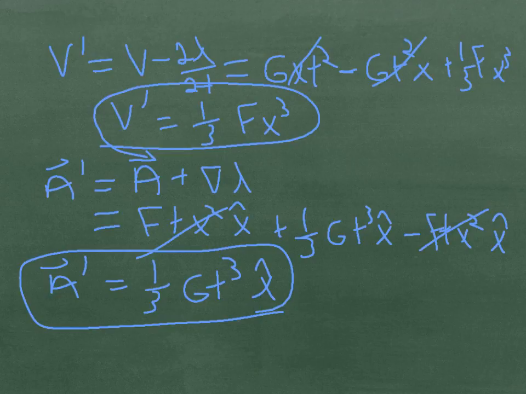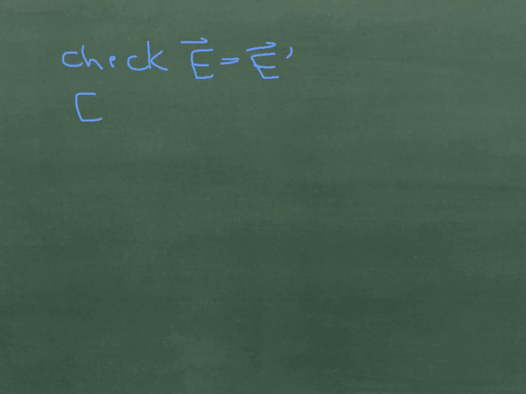But just for practice, let's go ahead and check that we do indeed get the same E and B as we do from the initial V and A. So check that E equals E prime. E, the way we get that from the potentials, is equal to minus grad V plus dA dt.